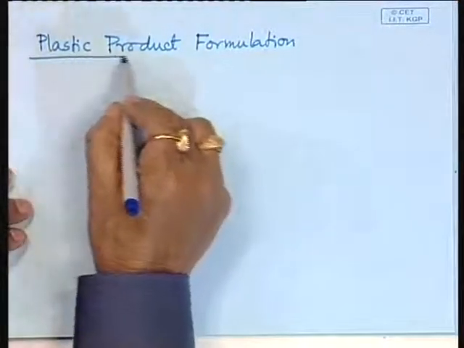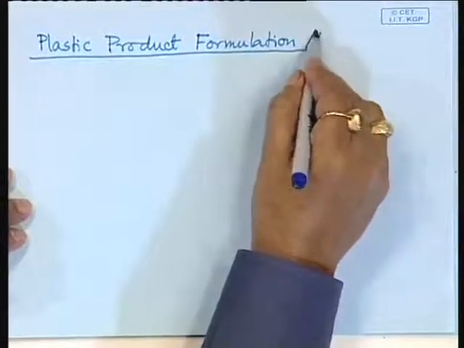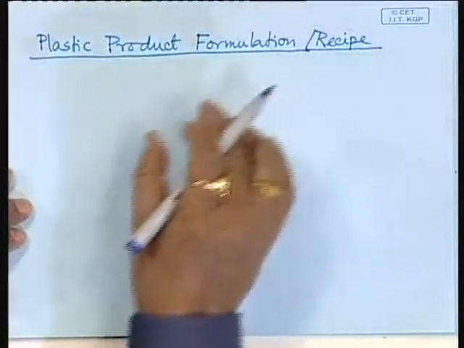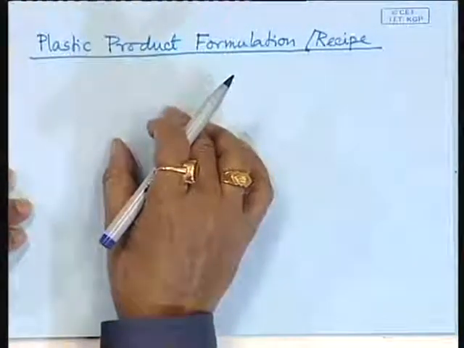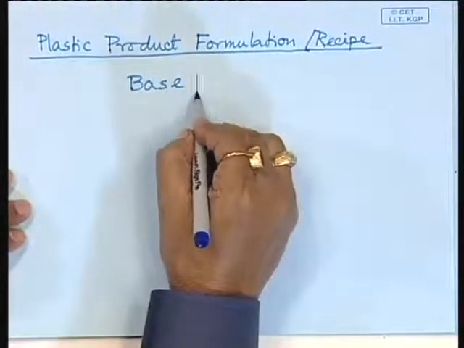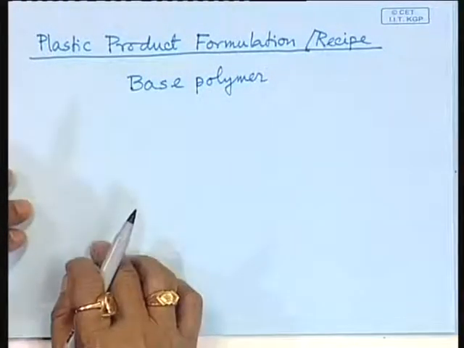First, we have to make a formulation, a recipe. That means what would be the ingredients, in what amounts. Before making any product, you first go for a selection of these ingredients and their amounts. The first comes the base polymer for that particular plastic product.